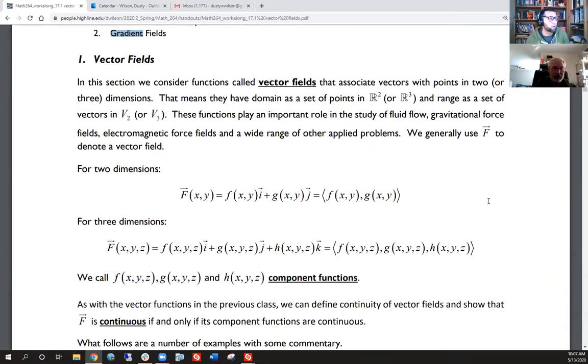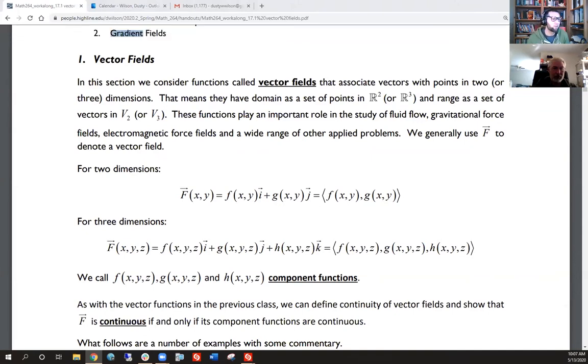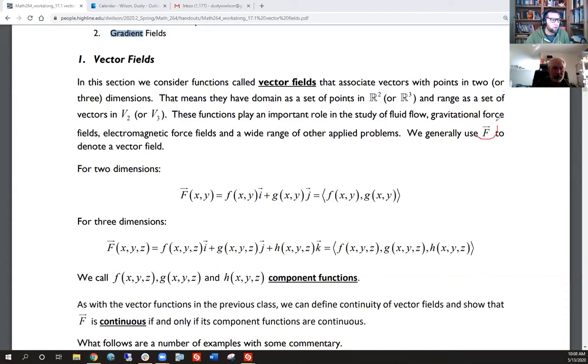In this section, we're going to consider vector functions, or functions called vector fields, that associate vectors with points in 2 or 3 dimensions. These functions play an important role in the study of fluid flow, gravitation, electromagnetic force fields, and other applications. We generally use the big F with the arrow on top to denote a vector field.